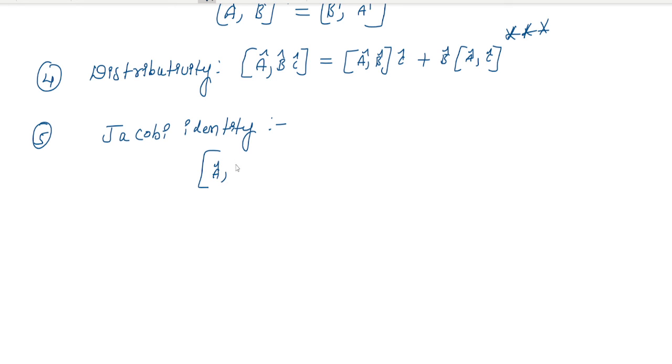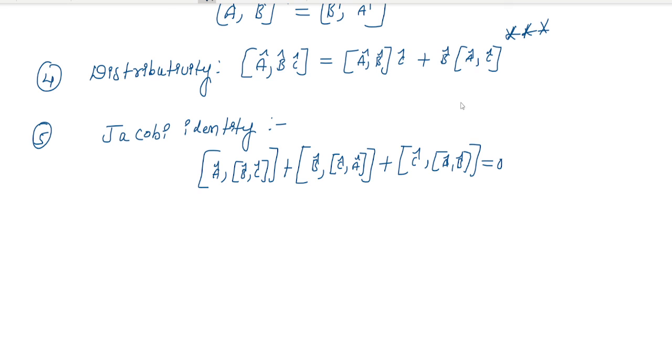[A, [B, C]] plus [B, [C, A]] plus [C, [A, B]] equals 0.